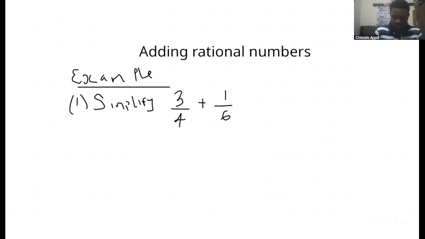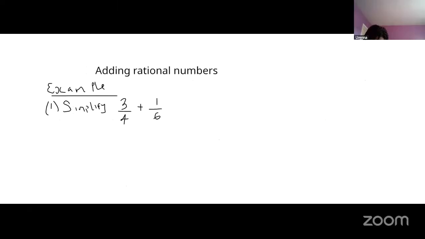I got it. Okay. So I'm waiting for you to annotate.